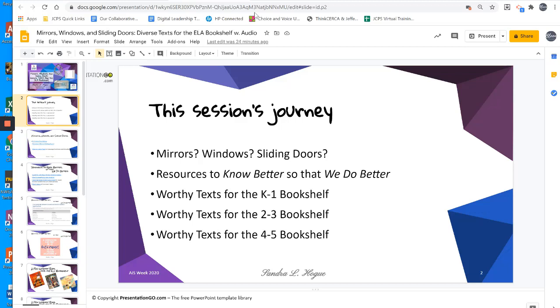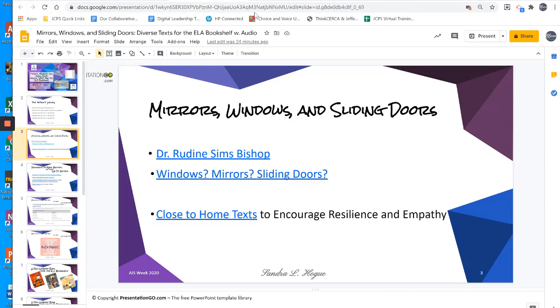Education is not excluded from that conversation, so we'll look at resources that will help us move closer to our best selves as educators. Then we'll look at a few texts that are worthy of a K-1 bookshelf, a few worthy of a 2-3 bookshelf, and a 4-5 bookshelf.